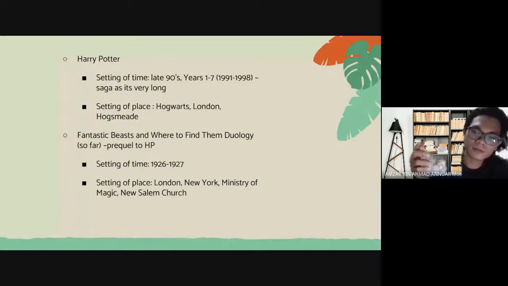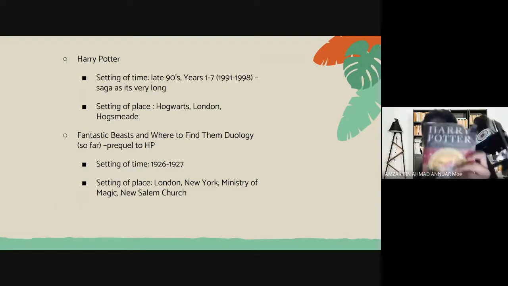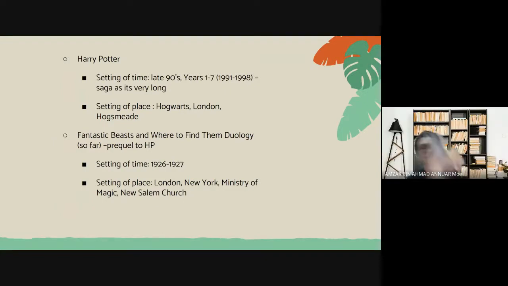Boleh nampak tak? Kabur. Nampak dah kan? Okay, so this is my Harry Potter book. This is actually the last book, which I was very excited. I bought it when I was in Form 2. That is in the year 2007.